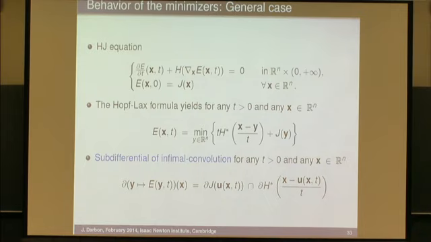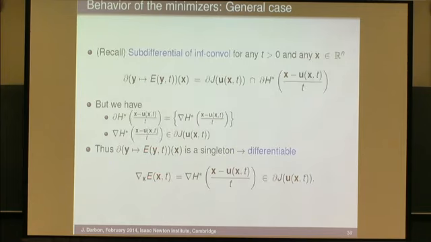So now we want to see in detail what this quantity is. You can easily prove that the subdifferential of the Fenchel transform of the Hamiltonian is actually reduced to a single element. It is differentiable, so this contains only one element.